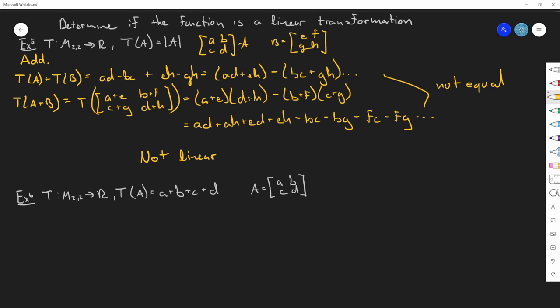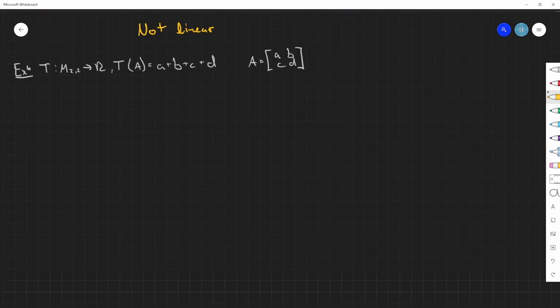Let's go on to the second one. Maybe that one is. So this, I guess, is the sixth one. Again, you're given a 2 by 2 matrix, and it just gives you one real number. It's going to input a matrix and output the sum of all the elements in the matrix. All right, seems doable.